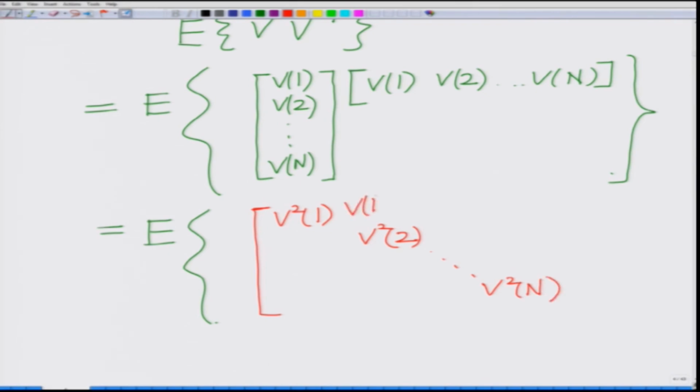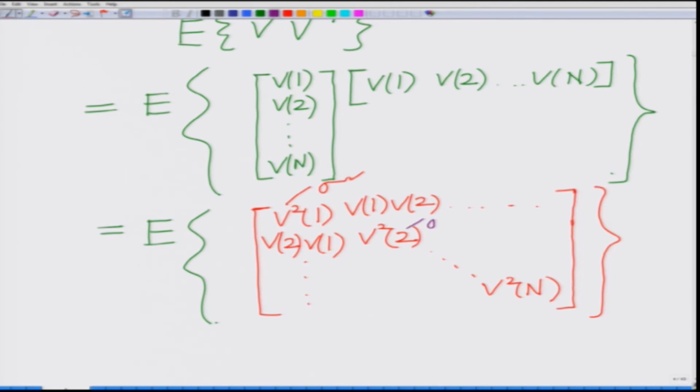On the off diagonal, you have V1 V2, V2 V1. Now, if I take the expectation operator inside, all the diagonal elements, the expected values of V1 square, V2 square, and so on, are sigma square.